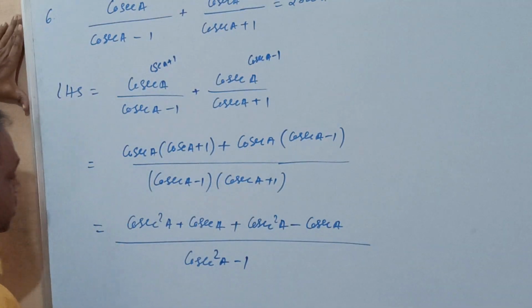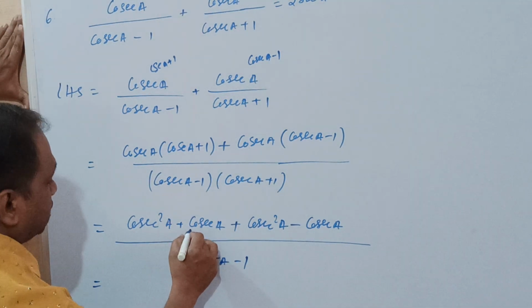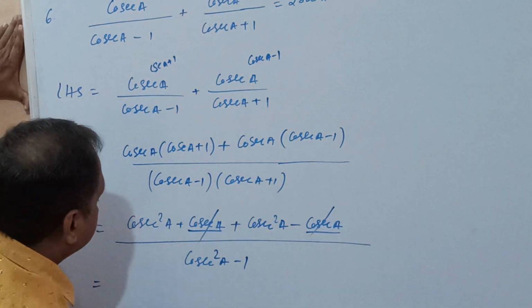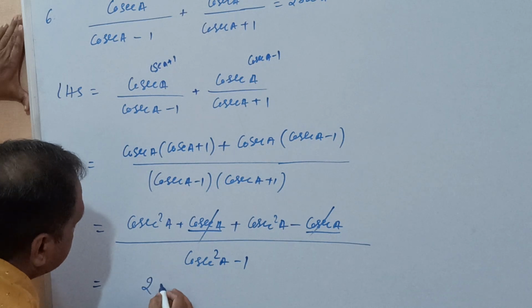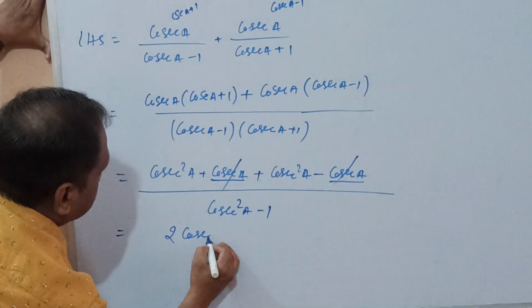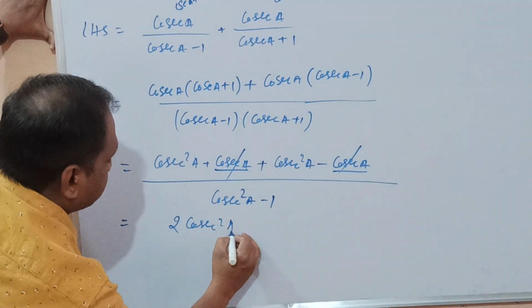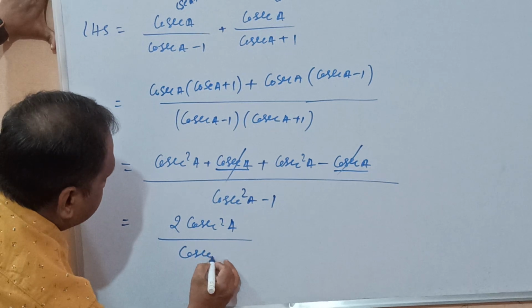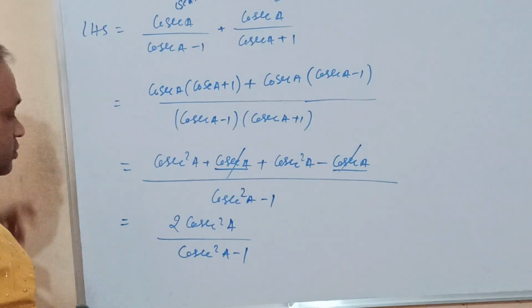So this is equal to: here plus cosec A and minus cosec A get cancelled. Cosec square A, 2 are there, that is 2 cosec square A divided by the denominator cosec square A minus 1.